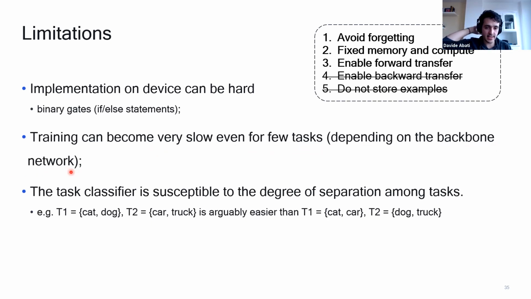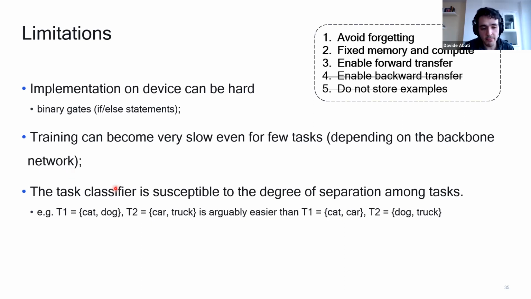So the task classifier, I suspect, is susceptible to the degree of separation among tasks, meaning that if you train the same overall problem, cat versus dog versus car versus truck, the way those classes are arranged into tasks is not invariant for our model.